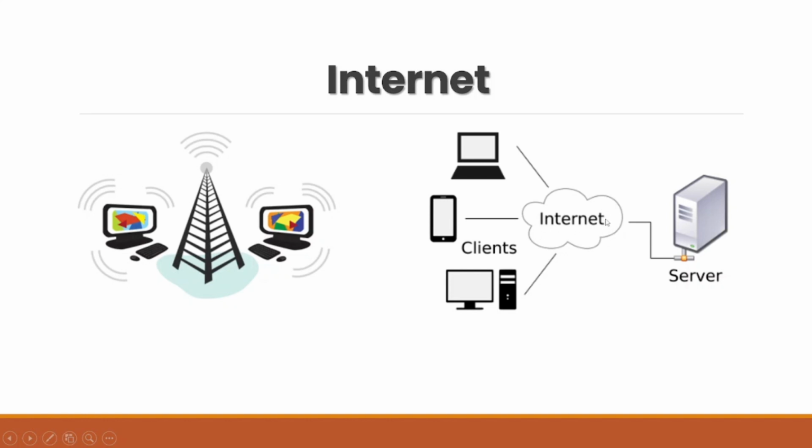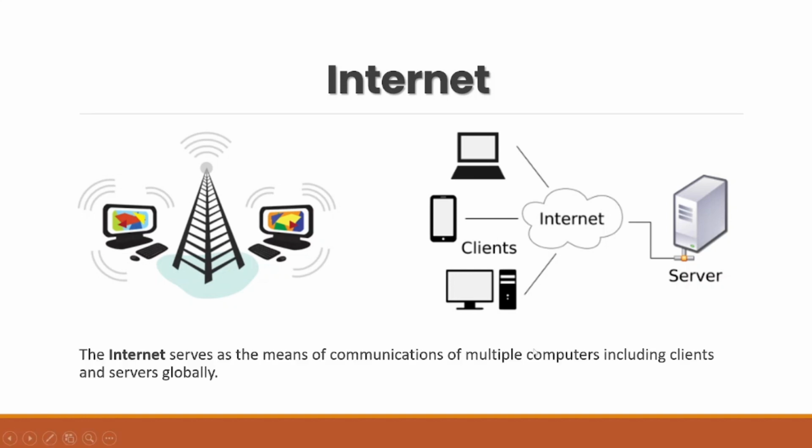So the internet serves as a means of connecting users, which is the client, together with the server, where the information you're looking for is being stored or kept. So therefore, the internet serves as a means of communication of multiple computers, including clients, which are these, and servers globally.